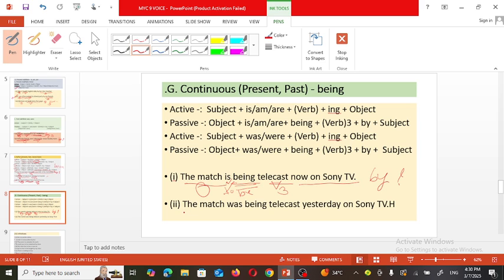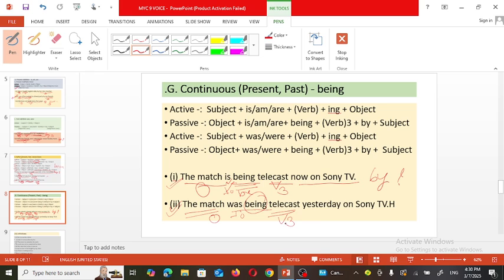Now see another example. This sentence was in the present continuous tense. Now this sentence is in the past continuous tense. The match was being telecast yesterday on Sony TV. So here, what is telecast? The match. That is the object. Was being is the helping verb to be formed, and being is for removing ing.